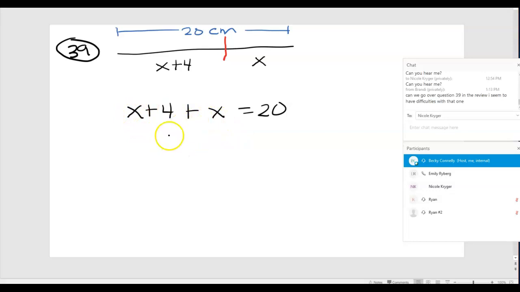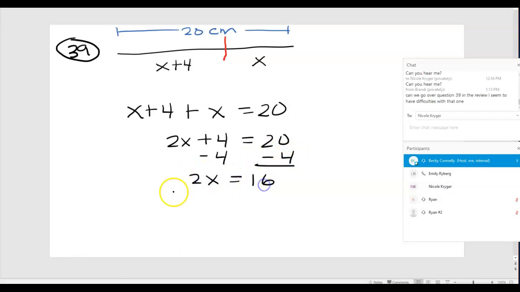So X plus X is 2X plus 4 is 20, and then I'll subtract 4 from both sides. So I'll get 2X equals 16, and then I'll divide by 2. So X equals 8, and we've got to make sure we remember our labels.